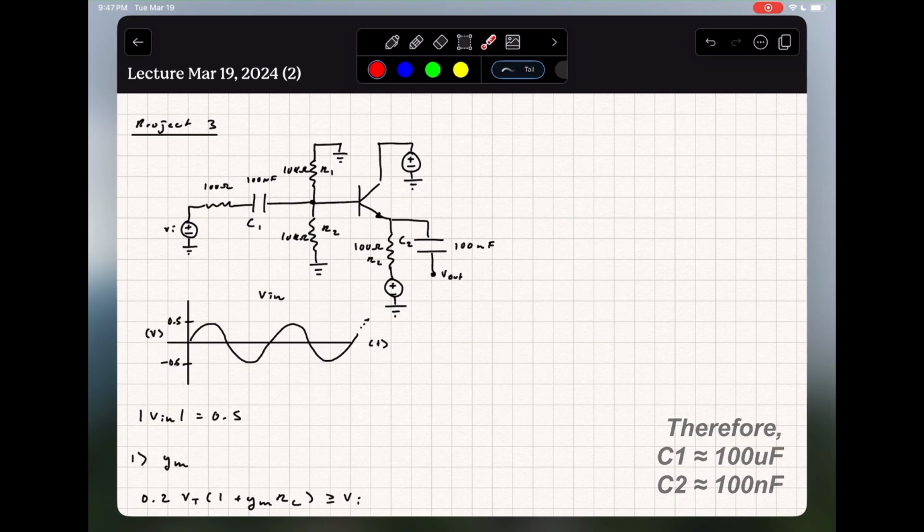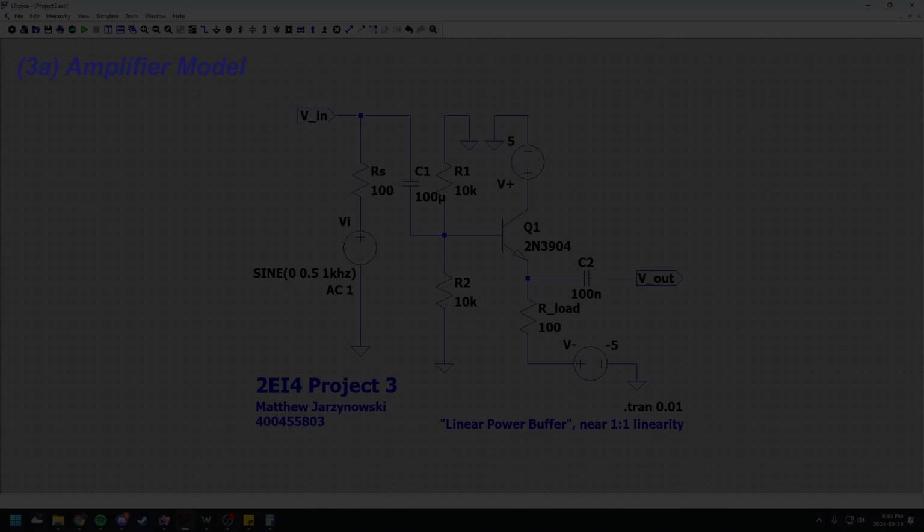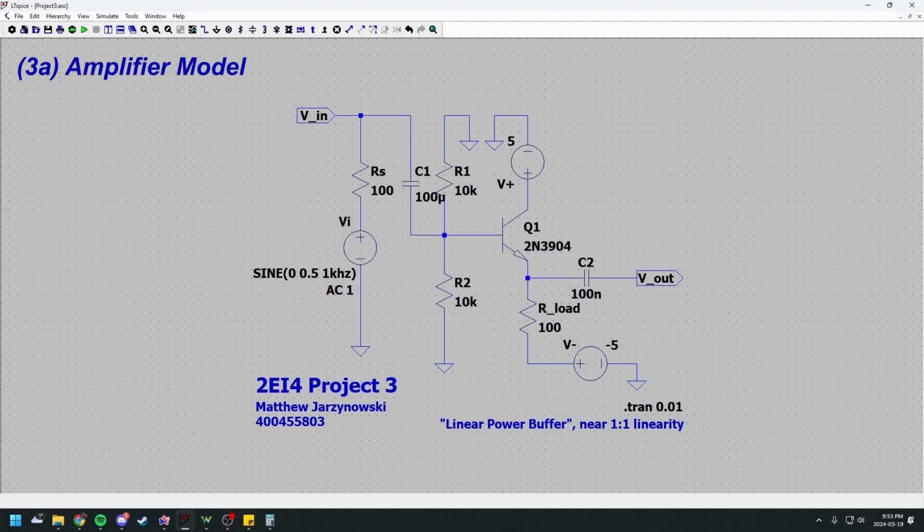within the LTspice simulation. Starting from the bottom, we can see a wave generator, which is a sinusoidal waveform with an amplitude of 0.5 at a frequency of 1000 hertz, or 1 kilohertz.